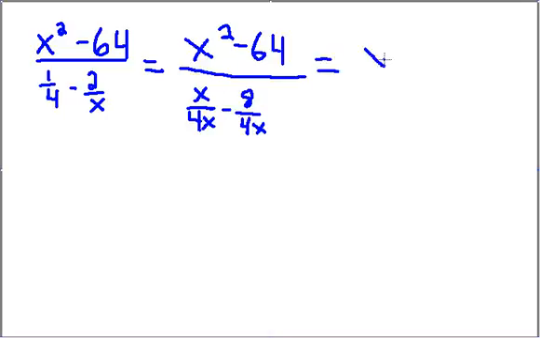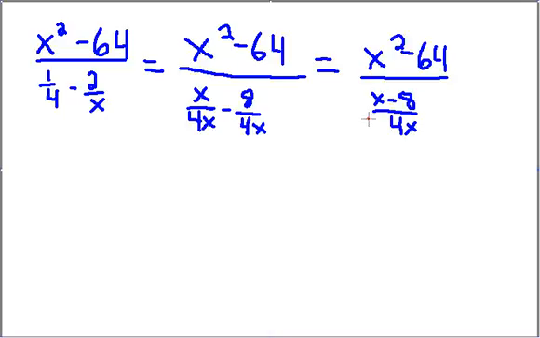Once again, I'm going to rewrite my top, x squared minus 64. In the bottom, we have 4x, so we're going to have x minus 8 over 4x. Even though this doesn't look like we're closer, we really are.